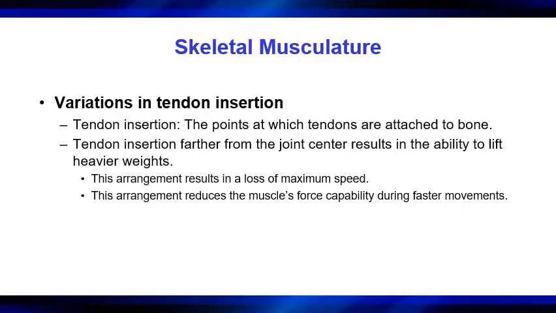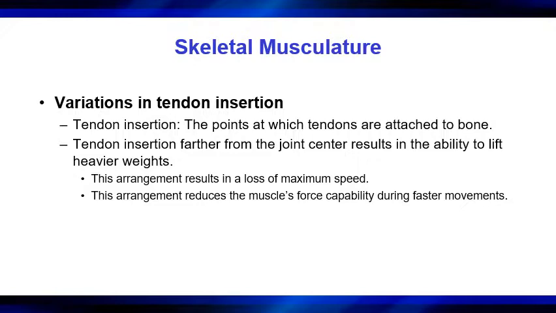The best way to look at this is most powerlifters: their tendinous insertions are probably farther away from their joint centers. If you look at the way most of them are built, you can probably come to that conclusion. That allows them to produce more force.